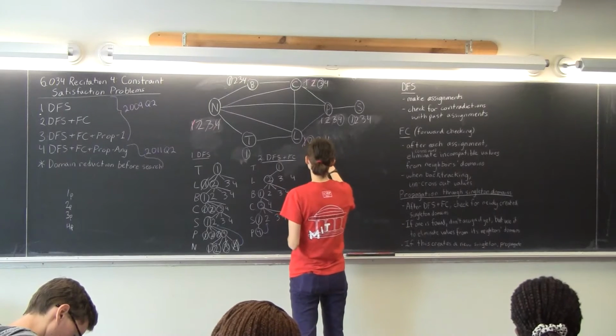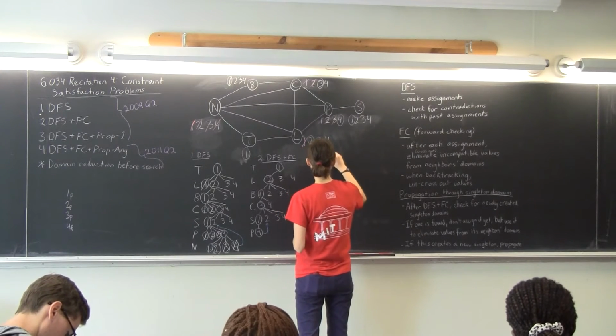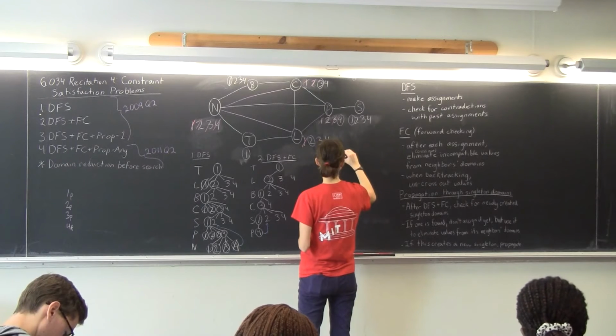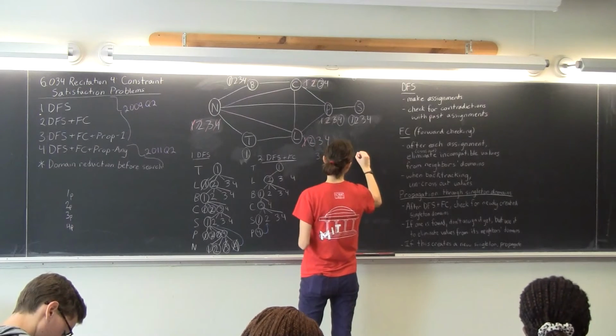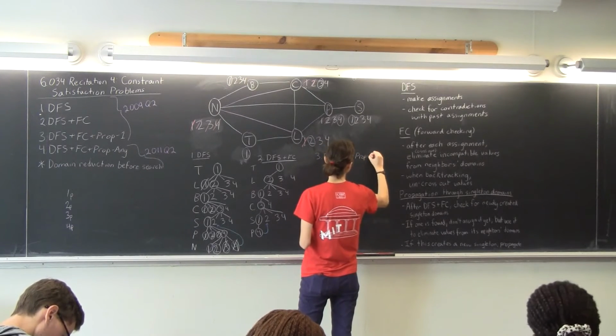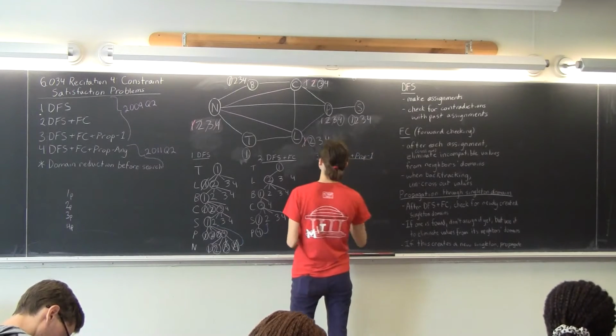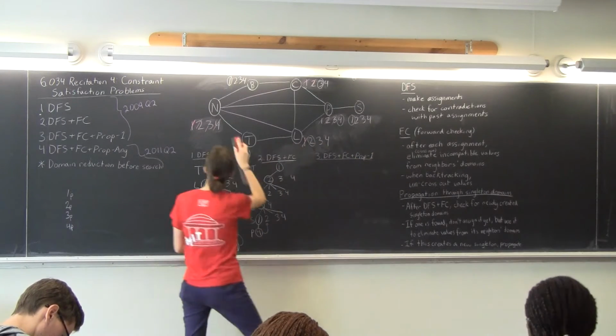So we'll make a third tree here, where we do depth first search with forward checking and propagation through singleton domains. I'll reset these domains again.